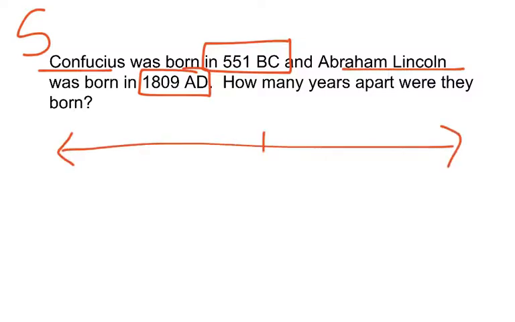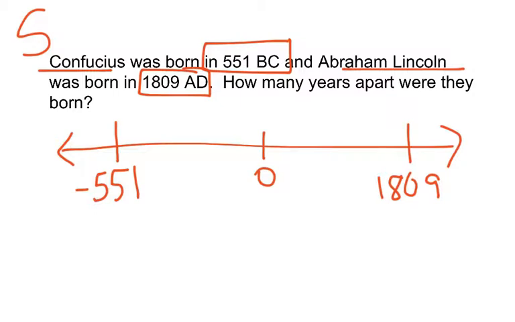And remember, we're at 0, and down here we would represent BC by a negative number. ADs are represented by a positive number. Or the words BC itself let us know that it's before Christ, before that time change over into AD.